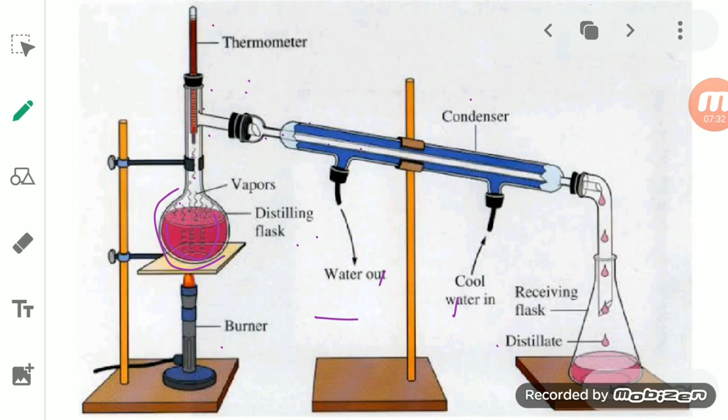Okay, in the condenser the cold water is continuously coming, due to which the temperature of the vapor lowers down, and as the temperature lowers, the vapor finally gets converted into liquid again. Thus, in the form of a liquid, it moves through and finally you will receive the liquid substance again in the other flask.